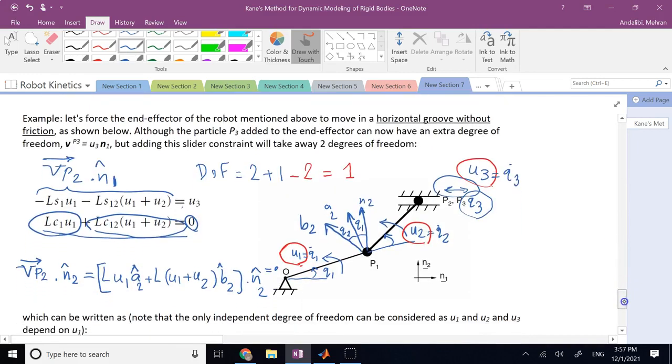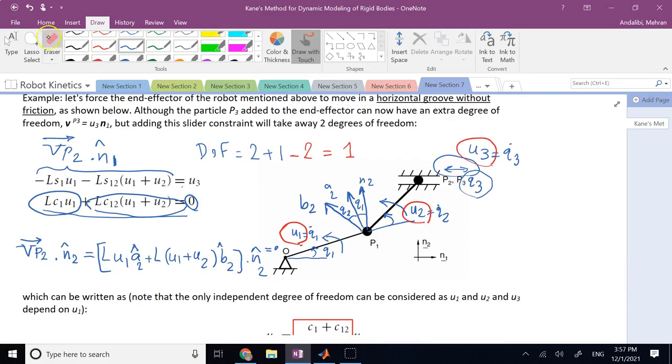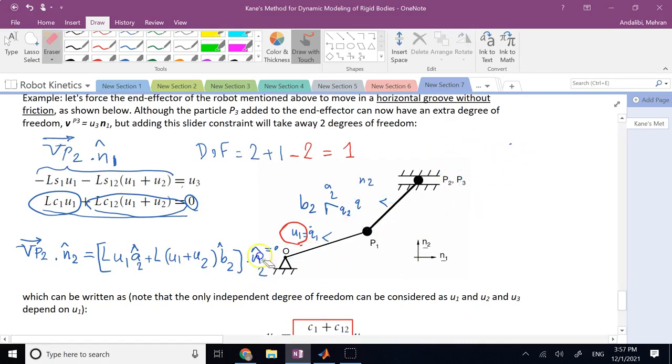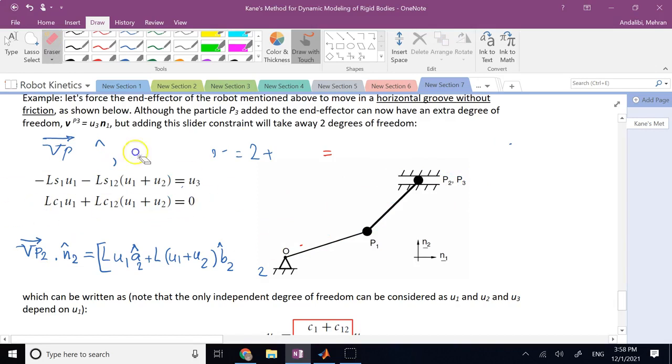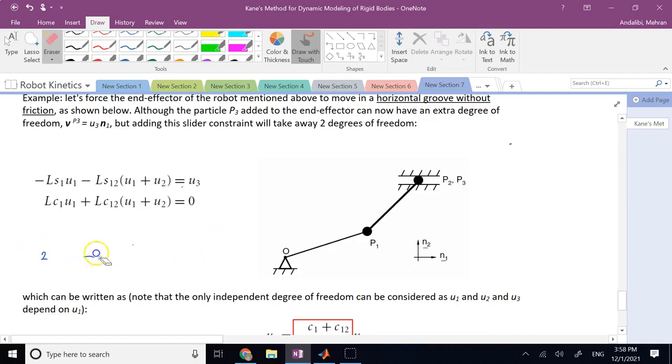If we go and look at this 2 degree of freedom planar robot that we have, we just found that we can add this extra degree of freedom, or this generalized speed, this extra generalized speed u3 to the system, q3 or u3 here, and that comes with 2 extra constraints, right? Now from these constraints we can easily find 2 redundant generalized speeds based on another one.